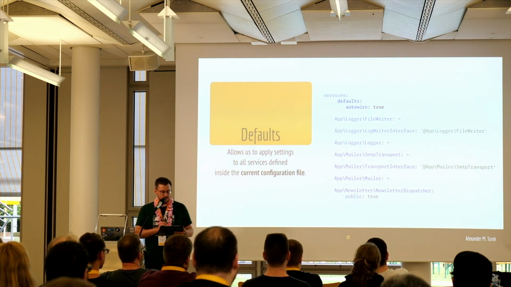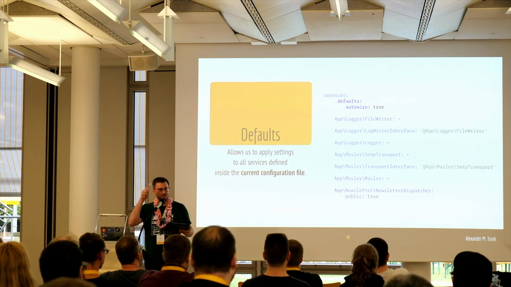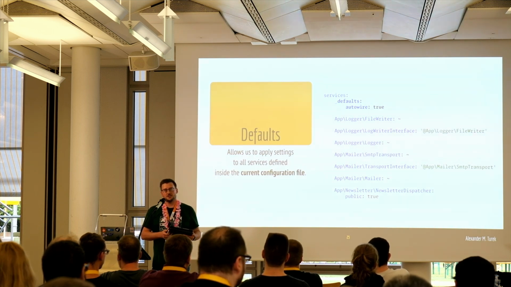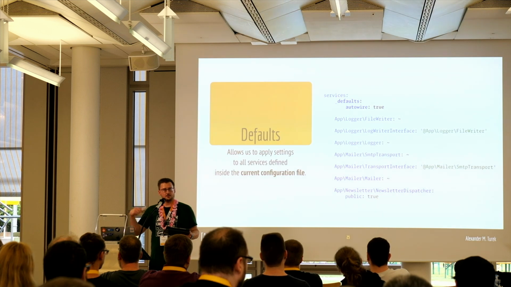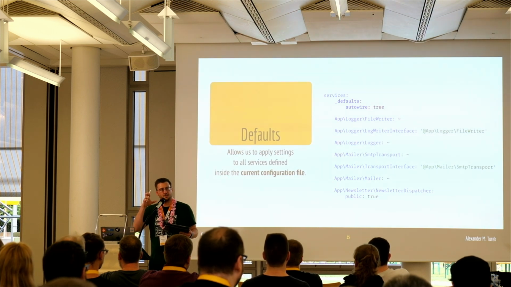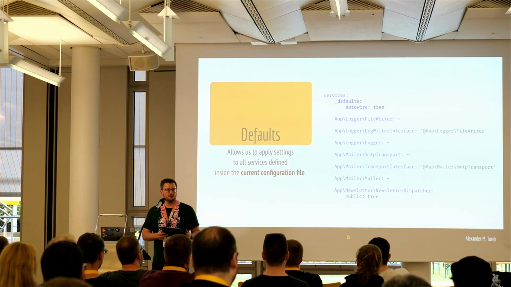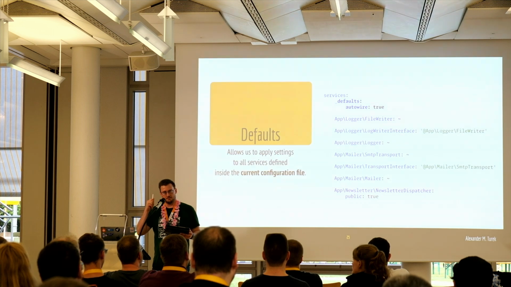If I have this special service named _defaults at the top of the file, I can define properties that apply to all the services that are defined in this configuration file. So if you're splitting your services into multiple services YAML files, then you have to repeat these defaults for each of the files, because it only applies to this very file.